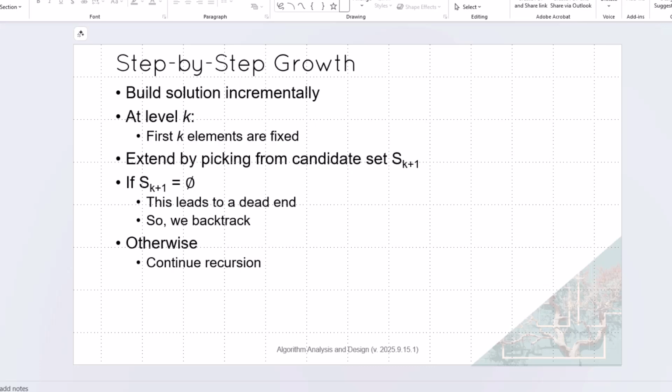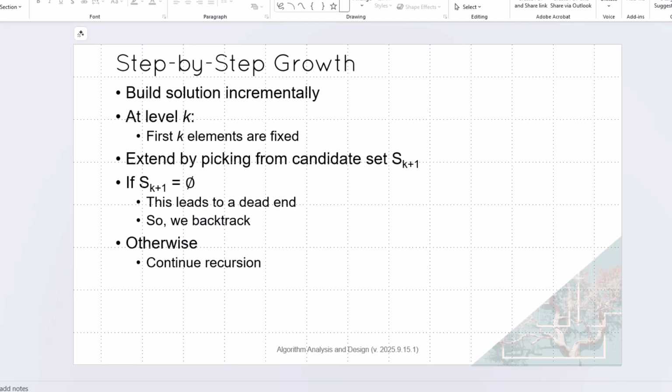Step-by-step growth: build the solution incrementally, as mentioned. If you picture a tree, you've got level 0 at the root, level 1, level 2, though some people start with 1 for the root, but level 0 is often the case. At a given arbitrary level K, the first K elements are fixed, okay?